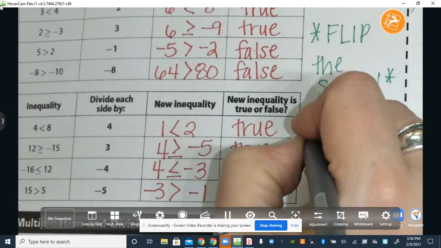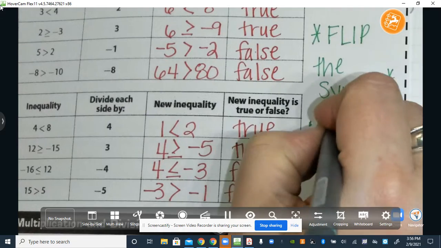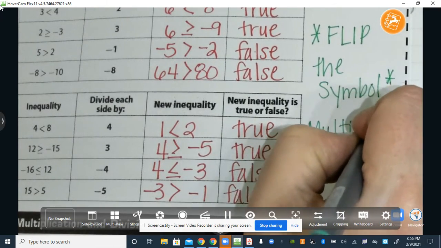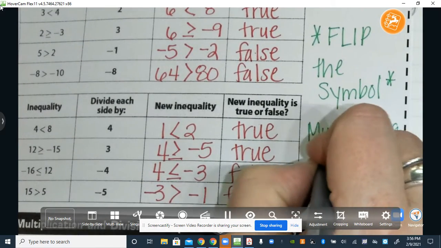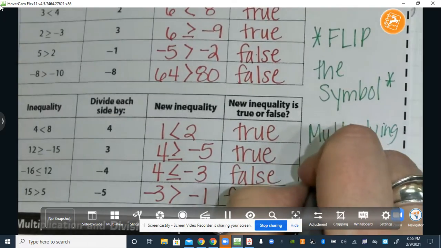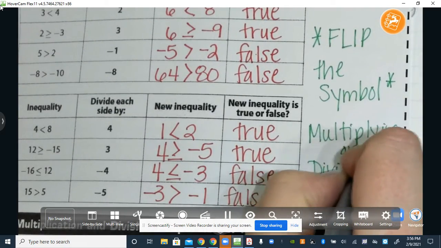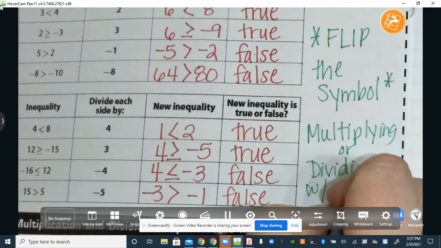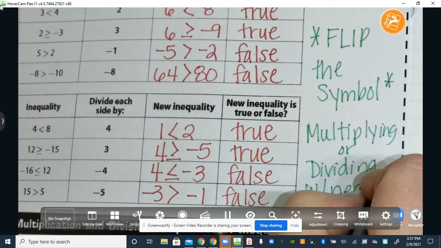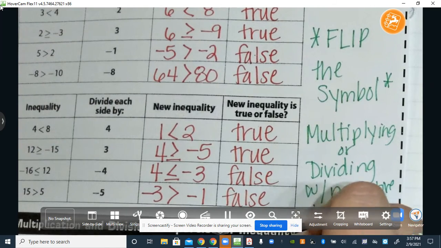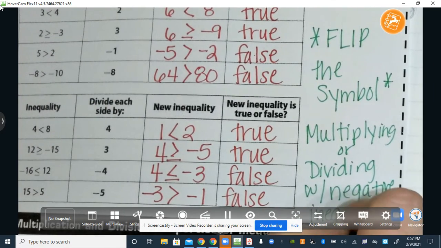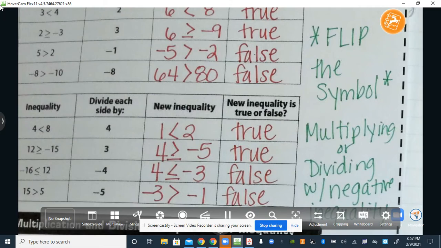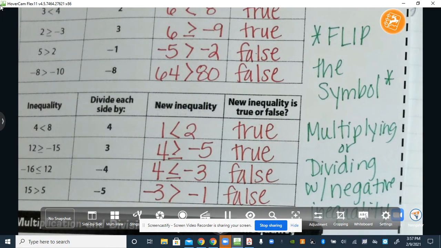So, key thing is when you're multiplying or dividing with a negative inequality, you gotta flip it around.